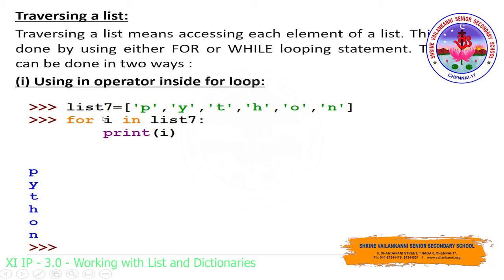Each and every value will be assigned to the control variable i, and if the condition is true, that value gets printed. Once the letter P is printed, it will iterate with the next value Y, again to the next value T, then H, then O, then N. So this one uses the in operator without the range function.